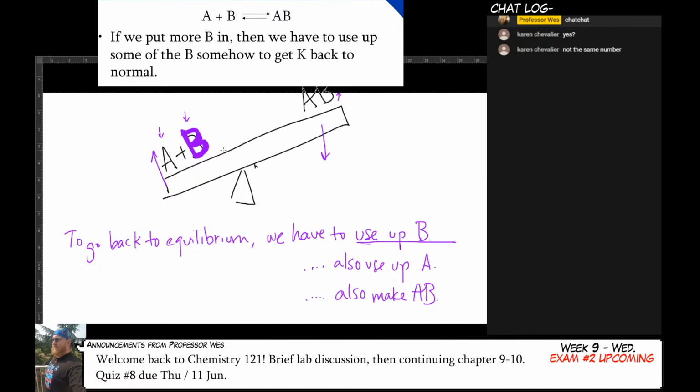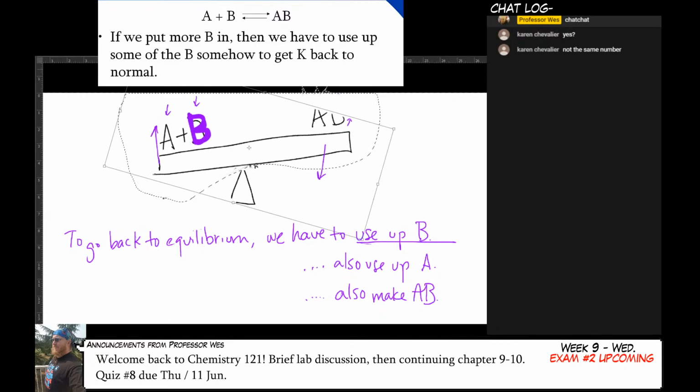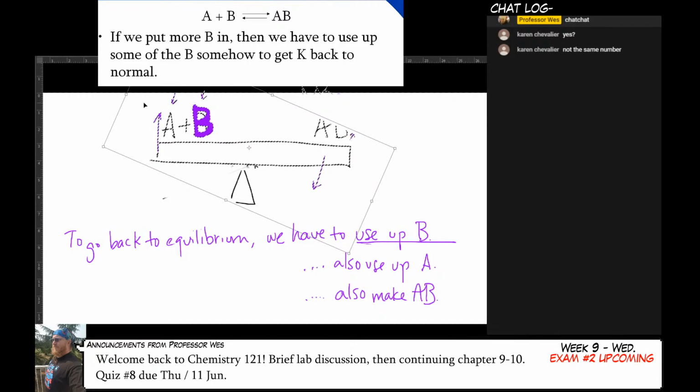Now the reaction will go back to equilibrium. Part of my AB got chopped off because it didn't retain any pixels that went off the screen.